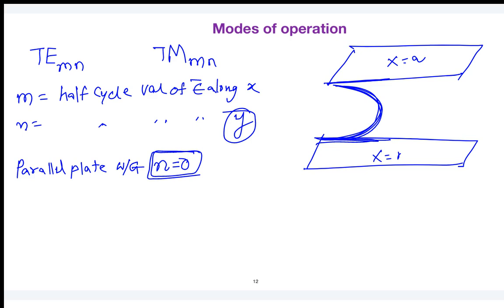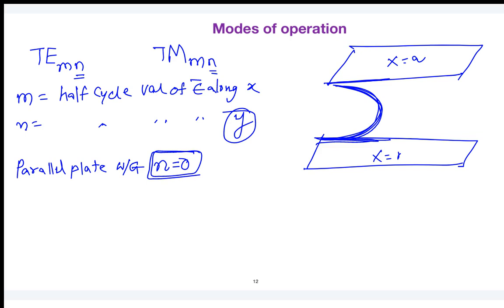Since there is nothing you are going to do in the Y direction, you cannot restrict the wave in the Y direction. So the second subscript can be equated to 0 in the case of parallel plate. But this is not the case when you go for the rectangular waveguide. In a rectangular waveguide, you are keeping the set of plates in the X direction as well as the Y direction.